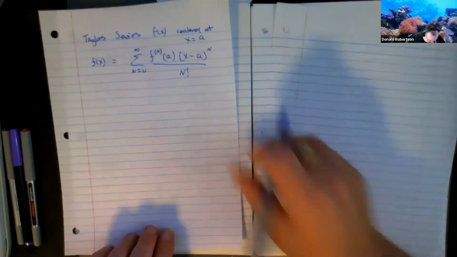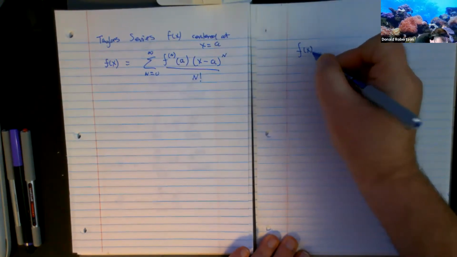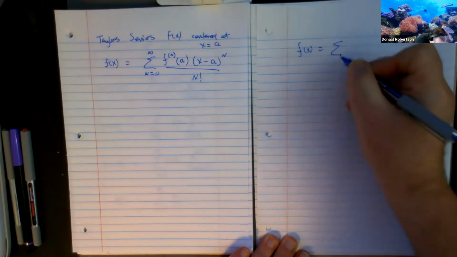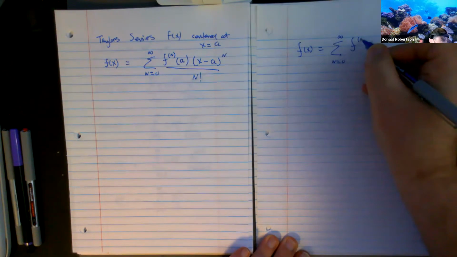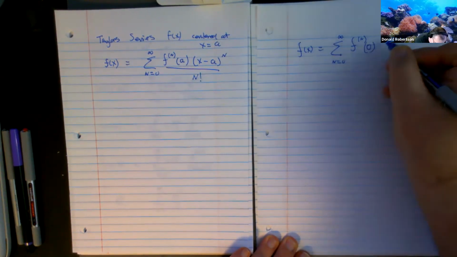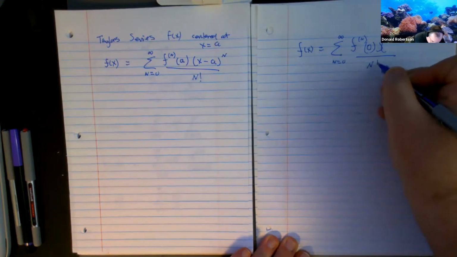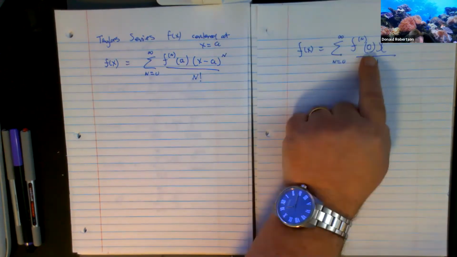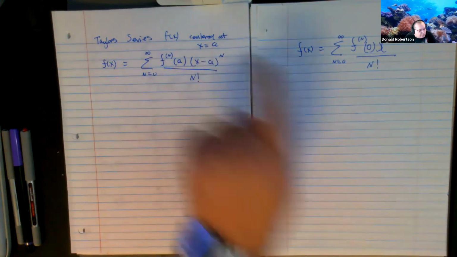Now, if I write beside that what the Maclaurin series would look like, oops. Isn't the Maclaurin series just the Taylor series when x is 0?